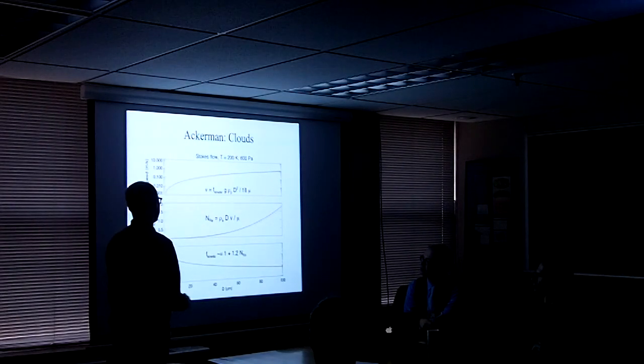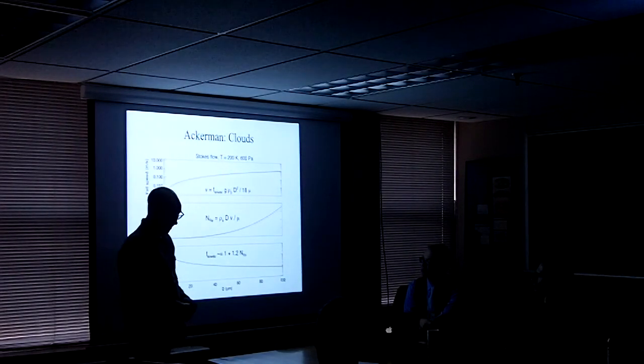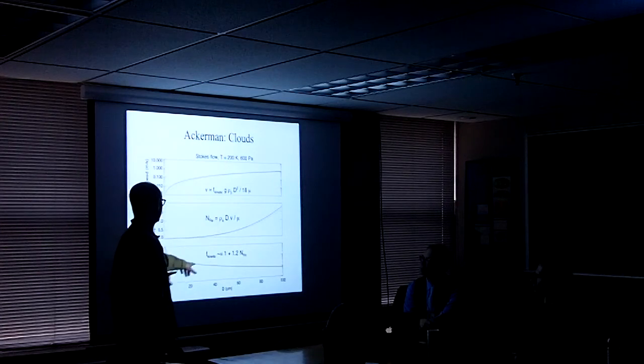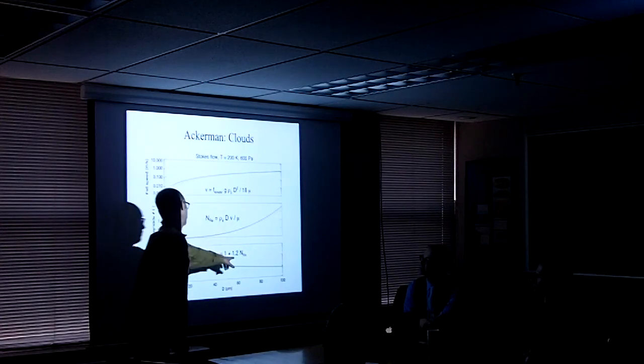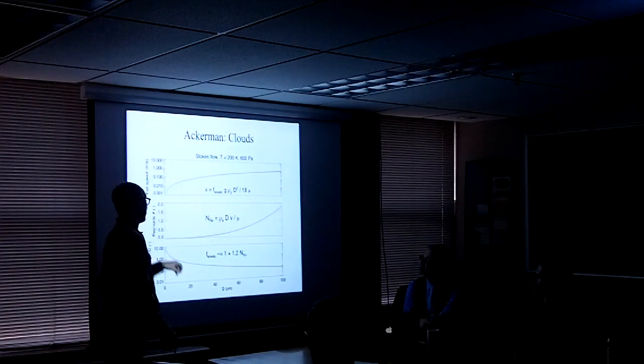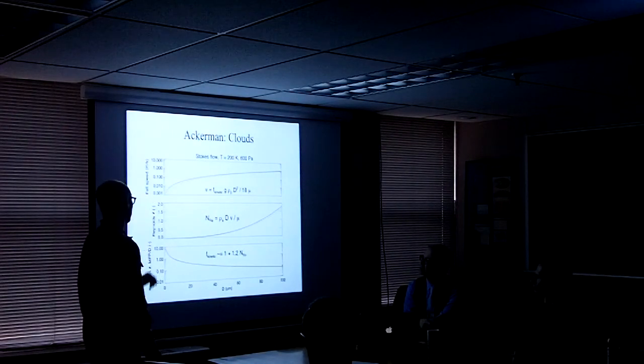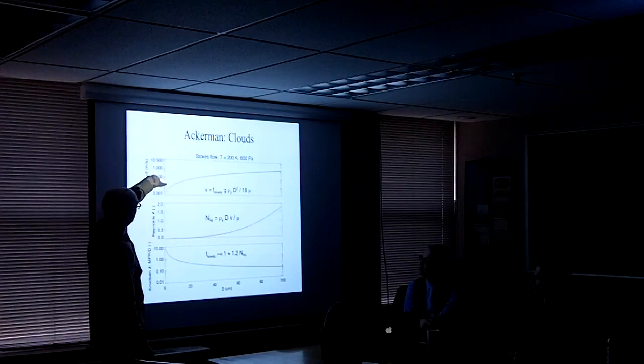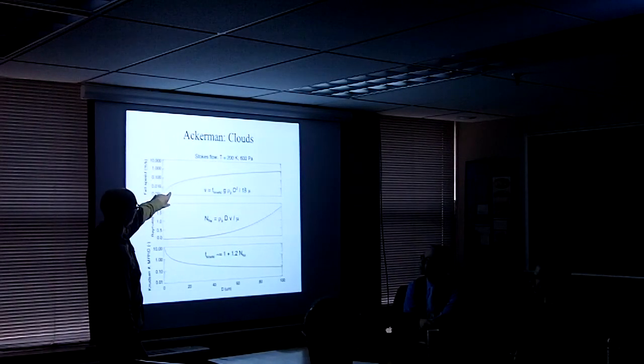There's also this kinetic factor, which is the fact that the air is not a continuum when it gets very rarefied, so there are gas kinetic effects, which depend on the ratio of the mean free path to the diameter. This is near the surface, and for very small particles you get a big kinetic effect, but for the most part the kinetic effects are small. So this is the fall speed with kinetic effects and without.